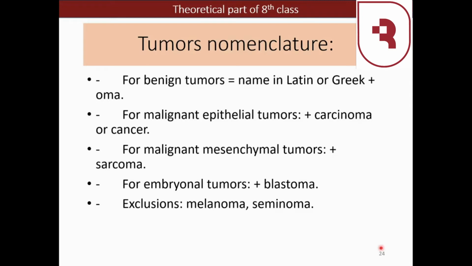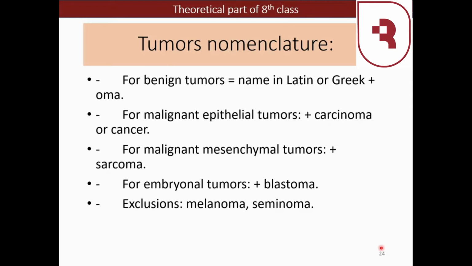For example, osteosarcoma is a malignant tumor from bones, chondrosarcoma is a malignant tumor from cartilages, and liposarcoma is a malignant tumor from adipose tissue, and so on. For embryonal tumors, we should add blastoma. Sometimes some tumors develop from embryonal tissues, and we should add the suffix blastoma.